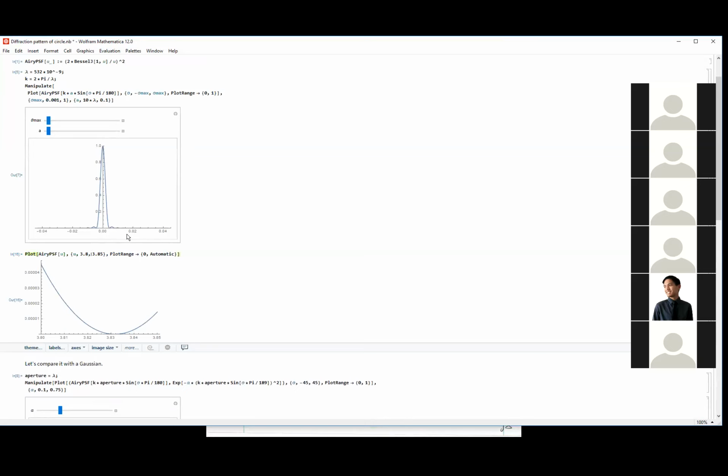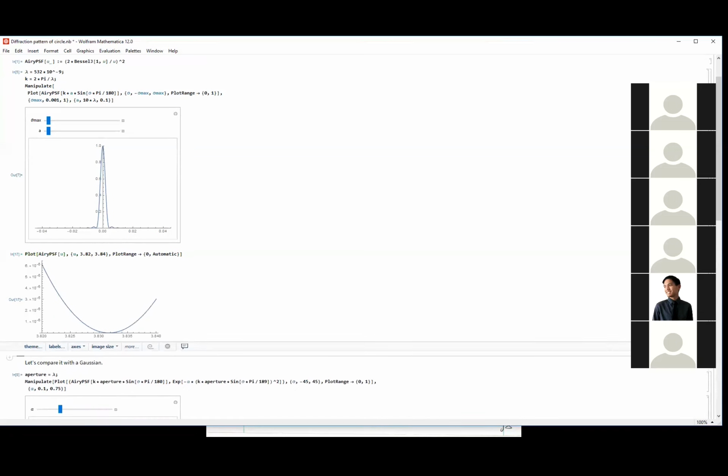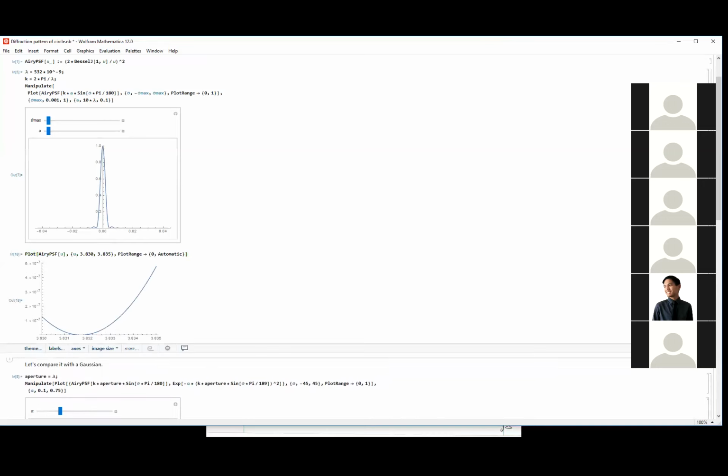We'll get even a little more precise just to be careful. Oh, yeah, so somewhere between 3.830 and 3.835. Looks like it's going to be around 3.83 something. We're not going to worry about it too much more.